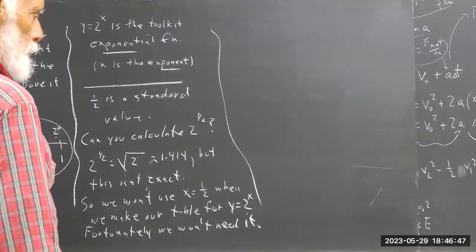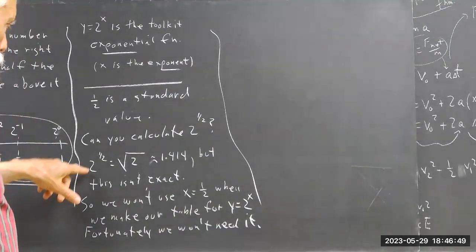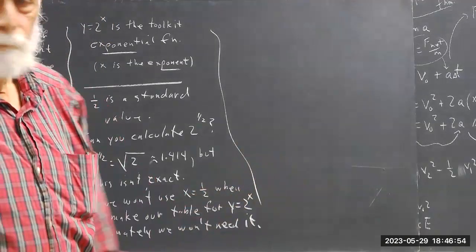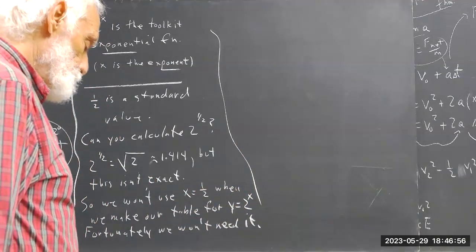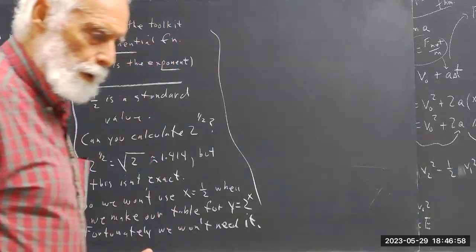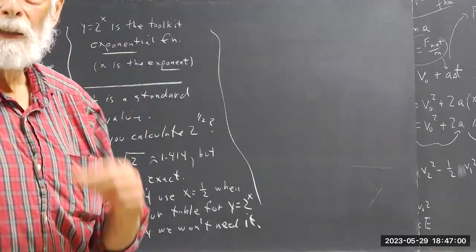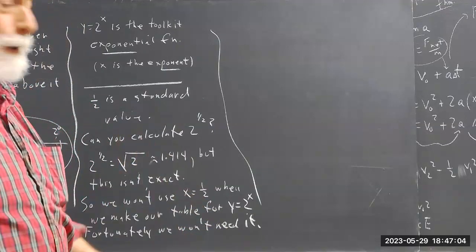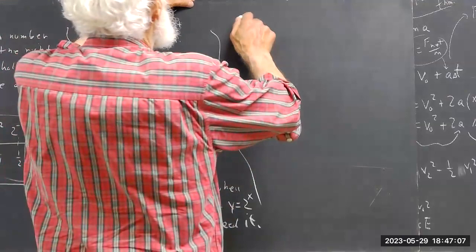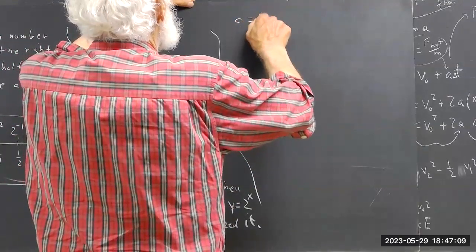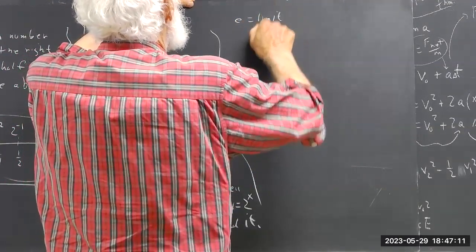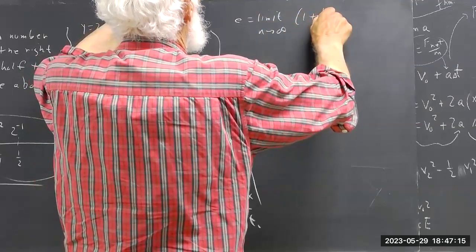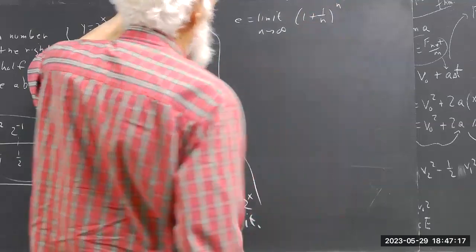Let me just give you an example of how you might calculate the 1/2 power of a number. The easiest number to calculate the 1/2 power of is e. Now, e stands for the limiting value as n goes to infinity of 1 plus 1 over n, raised to the n power.